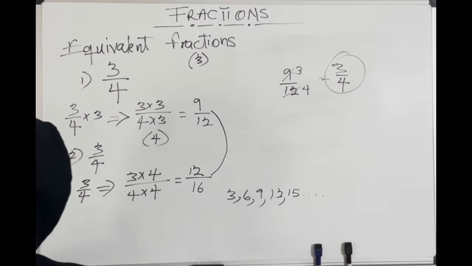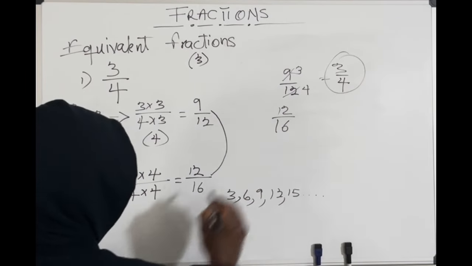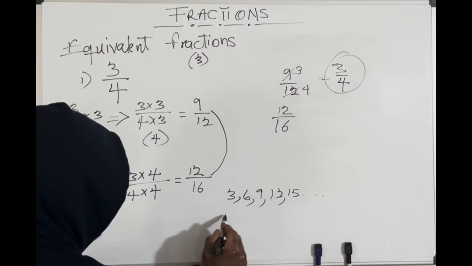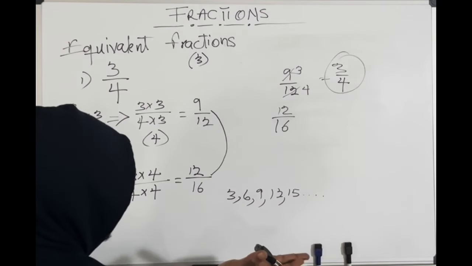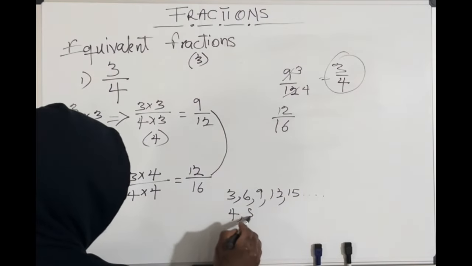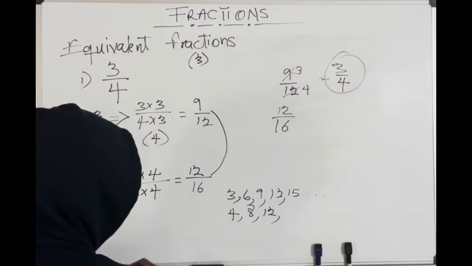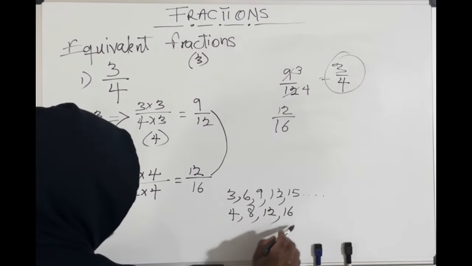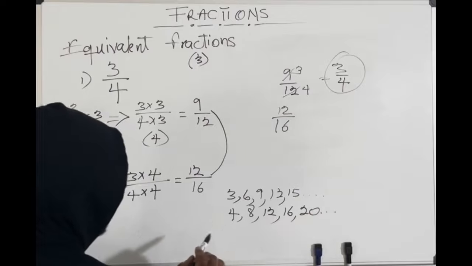Okay. All right. So let's see. 12/16. The same process. Let's see, what number do we think? Okay, let's try to use 4 and see. 4 1s are 4, 4 2s are 8, 4 3s are 12, 4 4s are 16, 4 5s are 20, and so on.